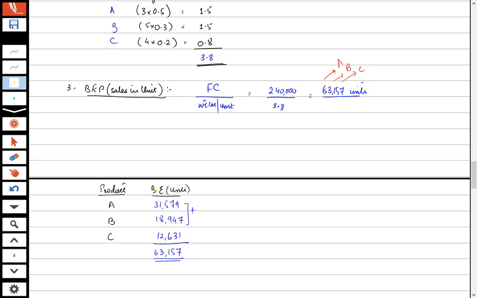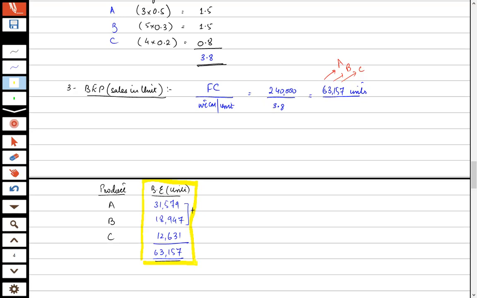Now, this part denotes the individual units of products A, B, and C that should be sold to achieve the break even. That is, the company will be in no profit and no loss.